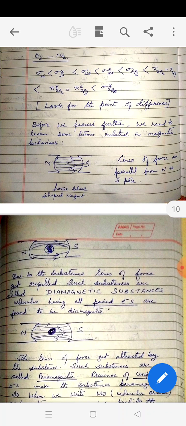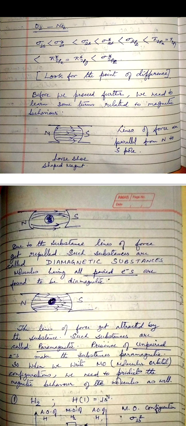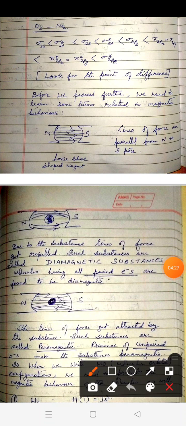Now if I place a substance here, two things may happen. One thing may happen that the lines of force are not able to pass through it. They get repelled by the substance, and the number of lines of force per unit area decreases. In that case, such a substance is called a diamagnetic substance.